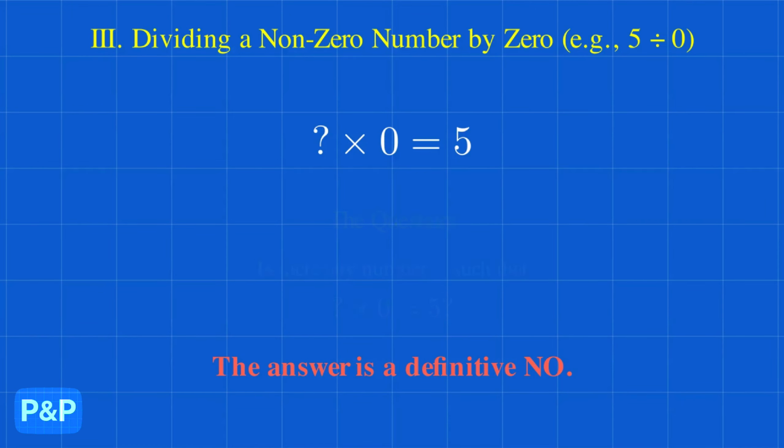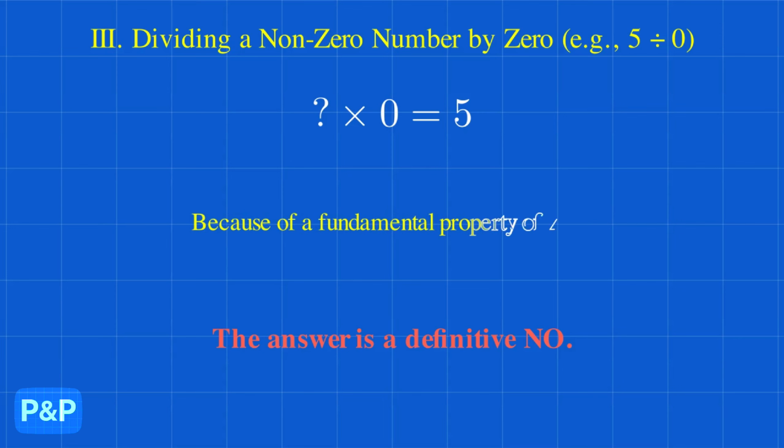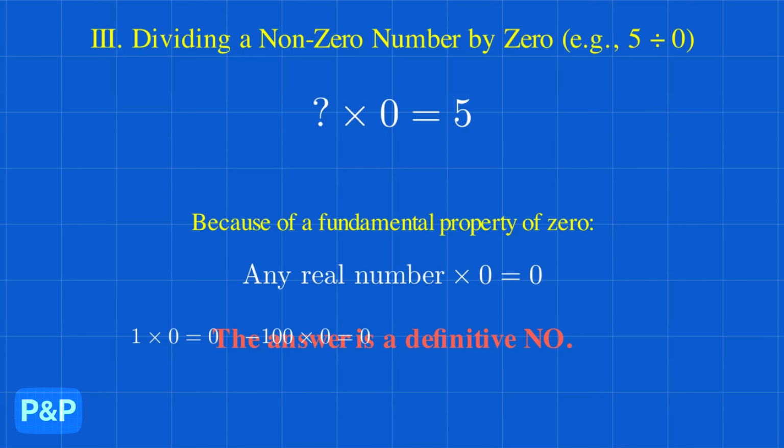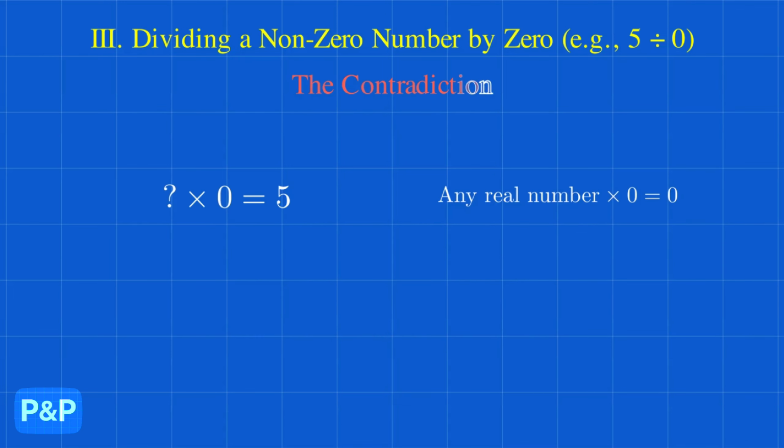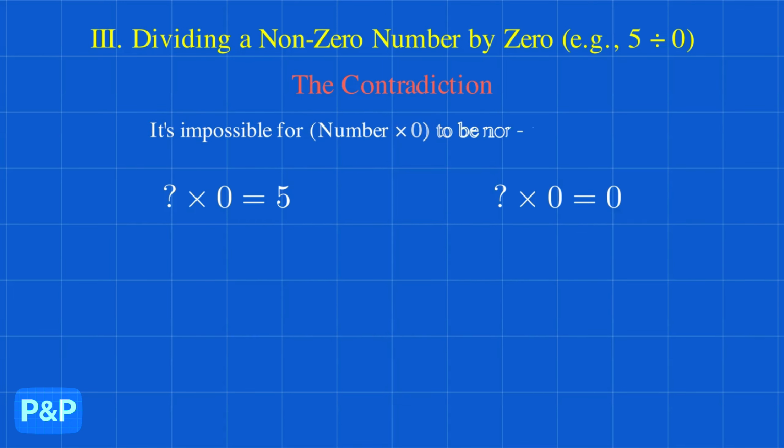A fundamental property of 0 is that any real number multiplied by 0 is 0. For example, 1 times 0 equals 0. Similarly, negative 100 times 0 equals 0. 0.5 times 0 equals 0. It is impossible for the product of any number and 0 to be a non-zero number like 5.